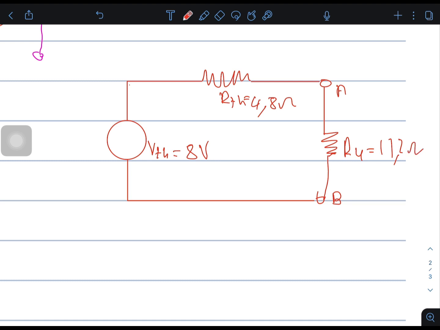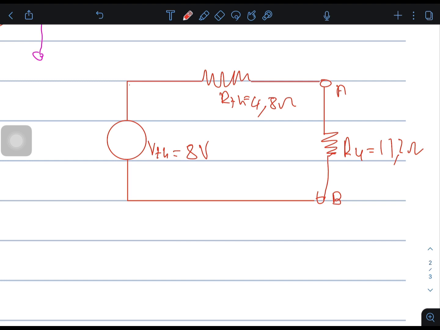So what are you doing when you're doing Thevenin theorem? You look at the resistor of interest. You take it out of your circuit. You replace it with an open circuit. Then label terminals A and B. Then you calculate the Thevenin voltage. After calculating the Thevenin voltage, you short circuit the voltage source so that you can calculate the Thevenin resistance.